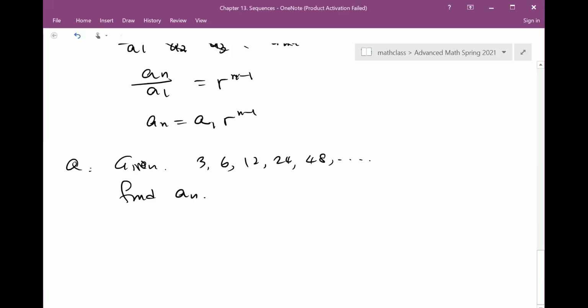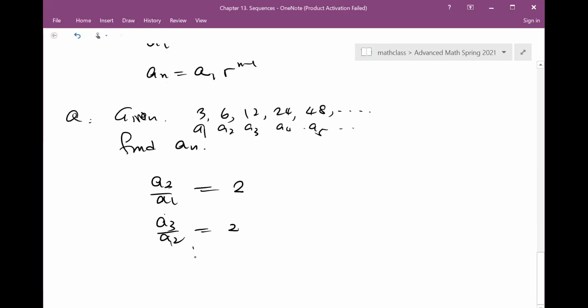In other words, this is A1, this is A2, this is A3, A4, A5. So A2 over A1 equals 2, right? Then A3 over A2 equals 2. Just keep it going. And AN over AN minus 1 equals 2.